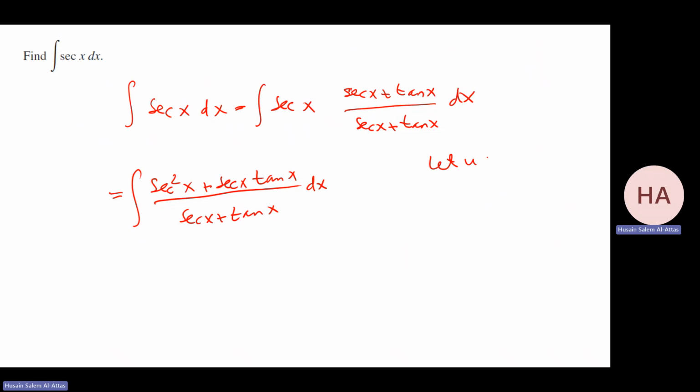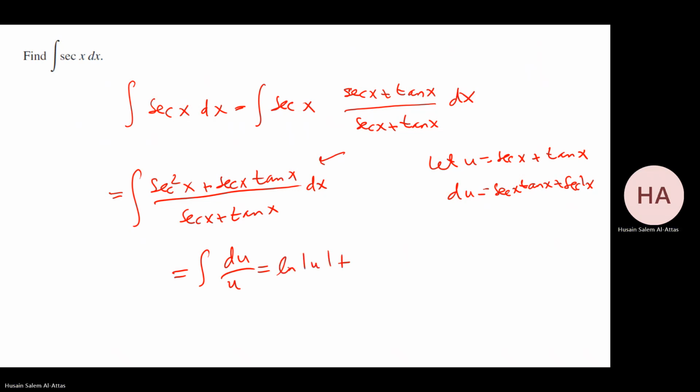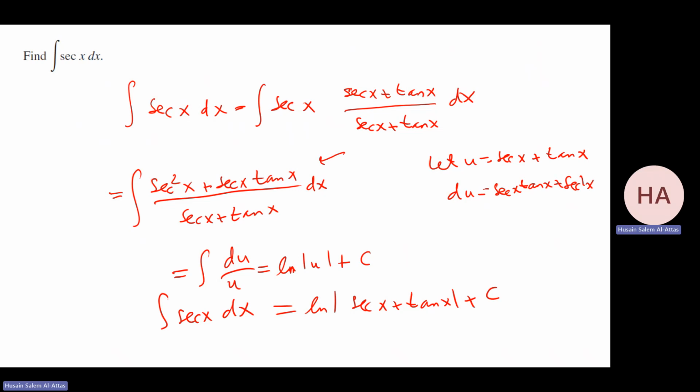Now, if I let u equal secant x plus tan x, du is what? It will be secant tan plus secant squared, which is this one. So I'm getting du over u, which is ln of absolute value of u plus c. So it will be ln of secant x plus tan x plus c. That's the integral of secant x dx, which is a little bit strange.